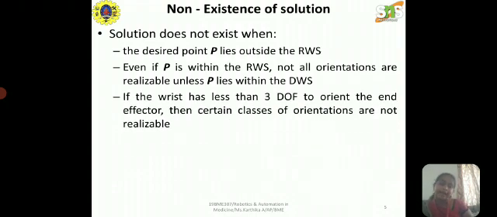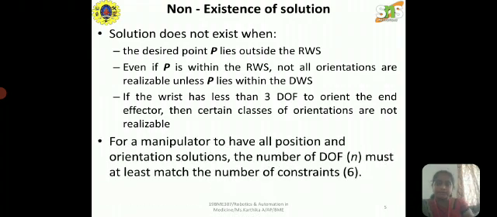If the wrist has less than 3 degrees of freedom to orient the end effector, then certain classes of orientations are not realizable. Because for a manipulator to have all position and orientation solutions, the number of DOF N must at least match the number of constraints, for example 6. That is, N less than or equal to 6.